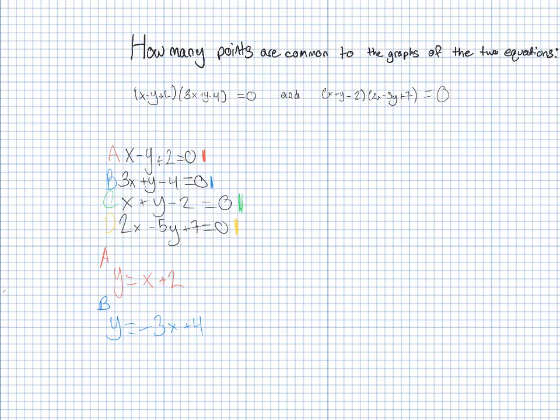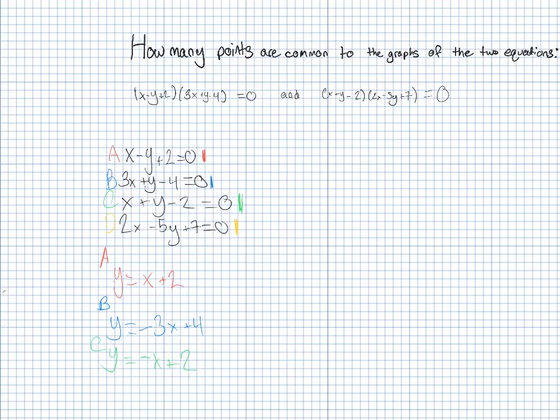So what I'm doing is I'm rearranging the variables by subtracting and adding x's and y's to both sides to make it slope-intercept form. So for C, we have y equals negative x plus 2.